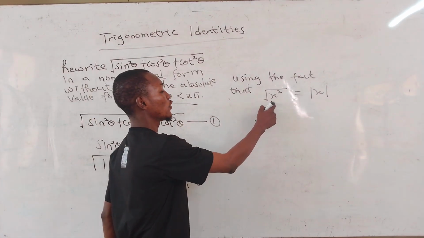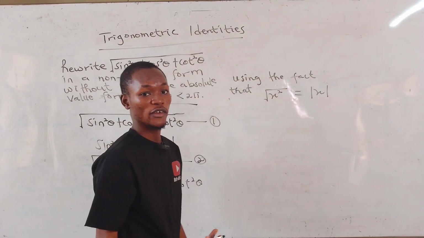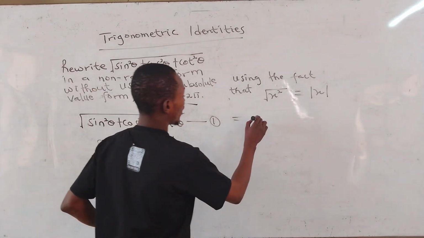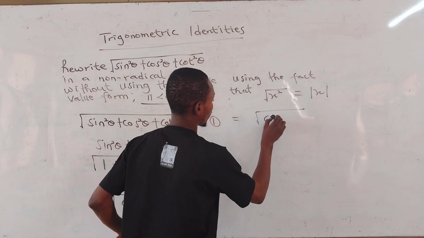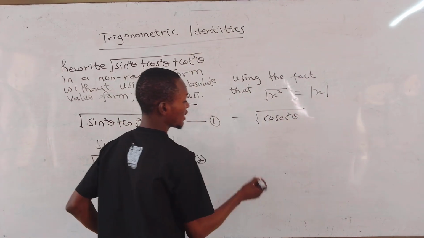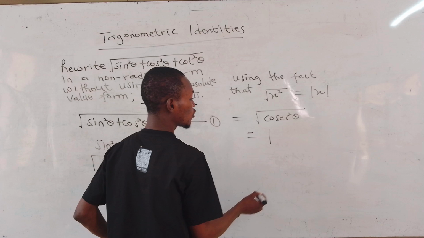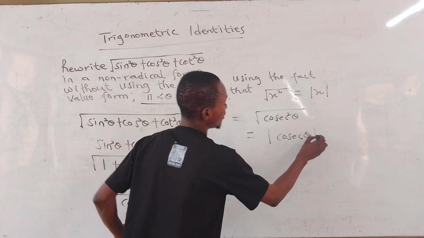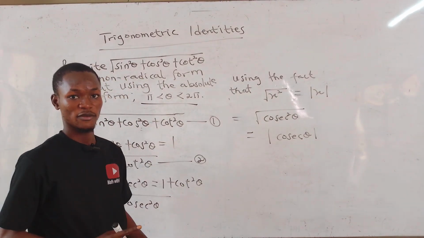If I have the square root of cosec squared theta, that means I'm going to get the absolute value of cosec theta. That is what I'm going to get.